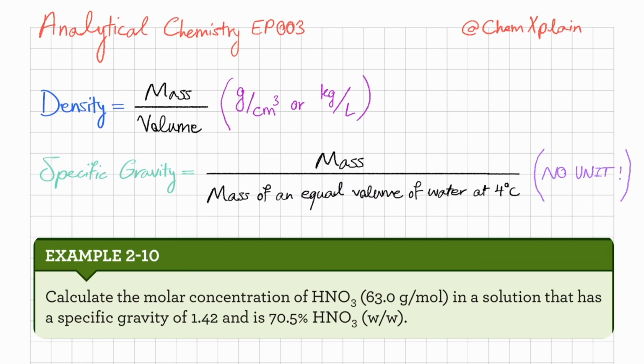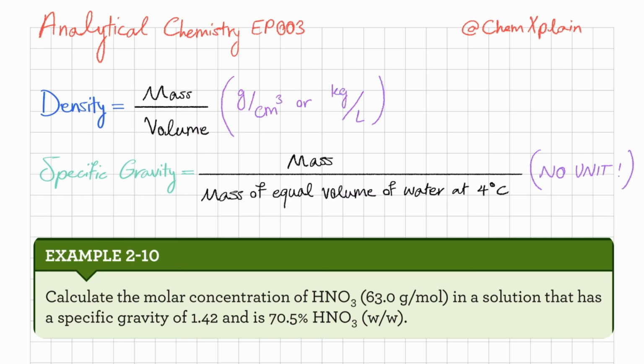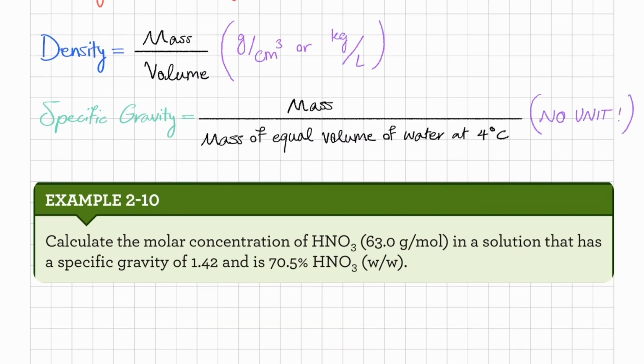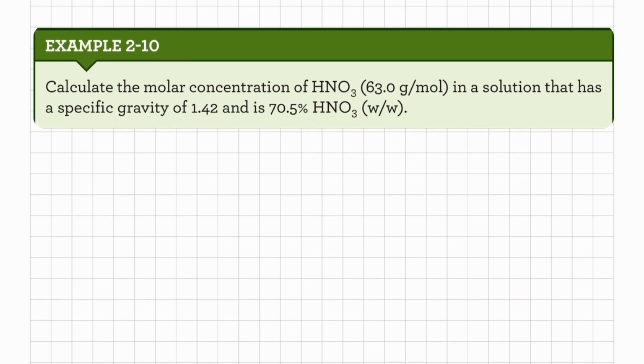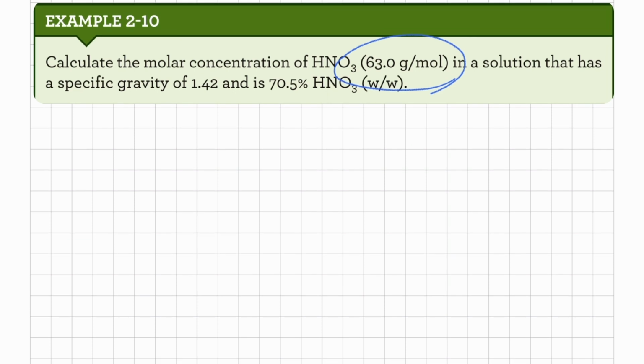Okay, to have a better understanding, let's head to the first example. The question says, calculate the molar concentration of HNO3 in a solution that has a specific gravity of 1.42 and is 70.5% HNO3. As shown here, the molar mass is also given. Let's go.